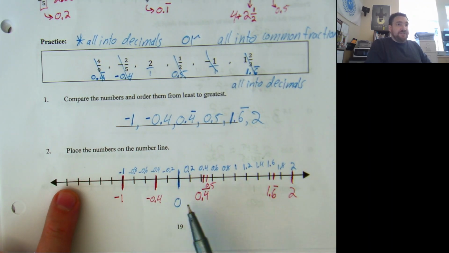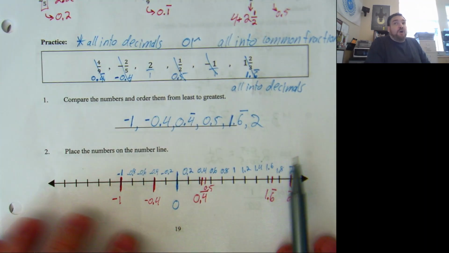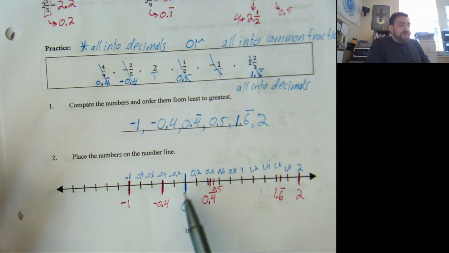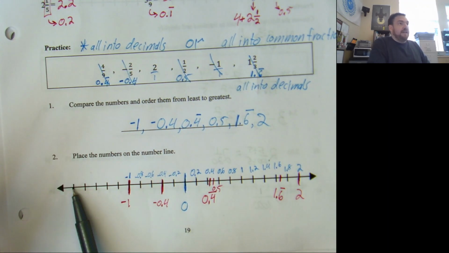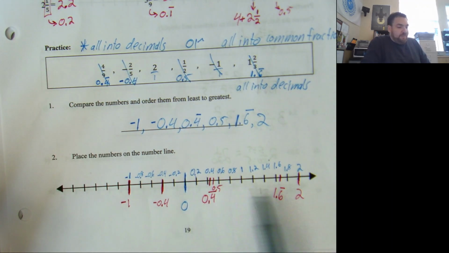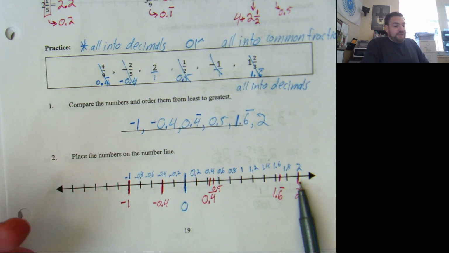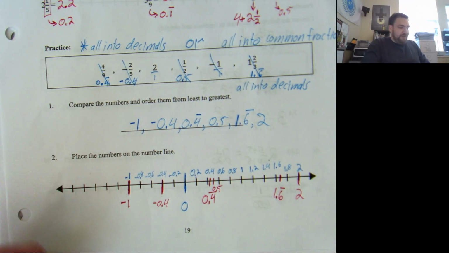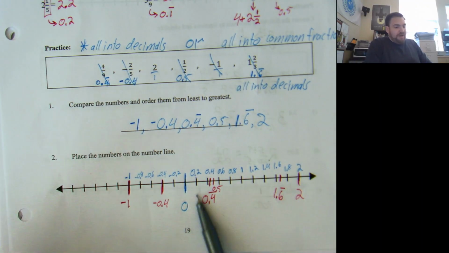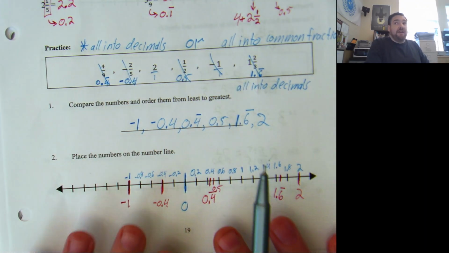You don't have to use the same scale every time. If you don't have any negative numbers, don't put 0 in the middle. Put 0 over on the left. If you don't have any positive numbers, don't put 0 in the middle. Put 0 over here on the right. If you need to go up to 10 or 20, don't go up by 1s. Go by 2s, or you can change the scale.